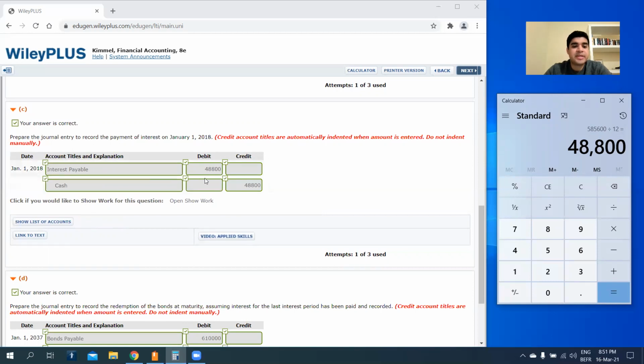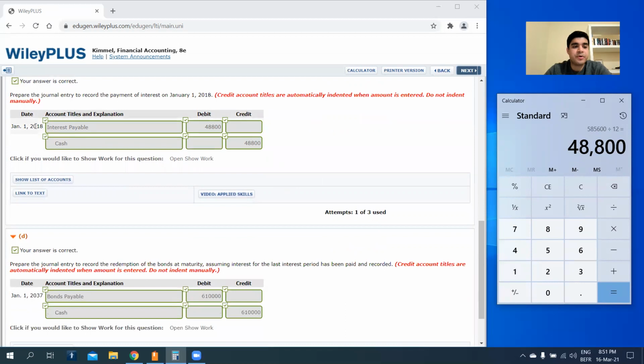So it's going to be the same amount because we're paying for the current year that just passed. So interest payable of 48,800, we are going to debit this account, and then since we're paying with cash, we're crediting cash at the same amount, 48,800 at January 1st, 2018.